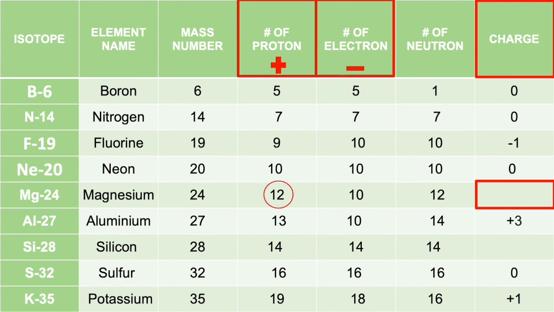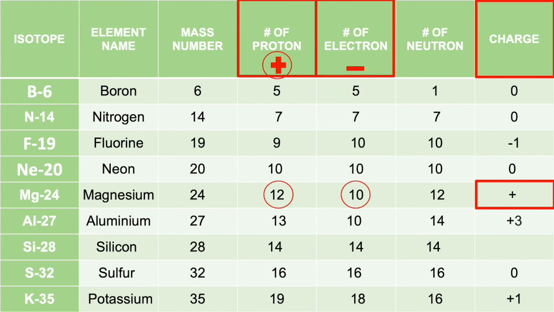Again, look at the number of protons. Magnesium has 12 protons, and the number of electrons is only 10. So our magnesium has more protons than electrons, because it has 12 protons and only 10 electrons. 12 is more than 10, so the charge of our atom must be positive.